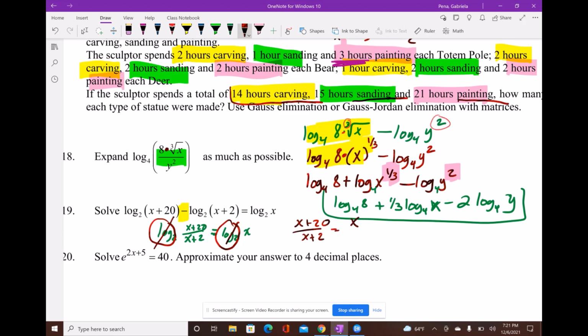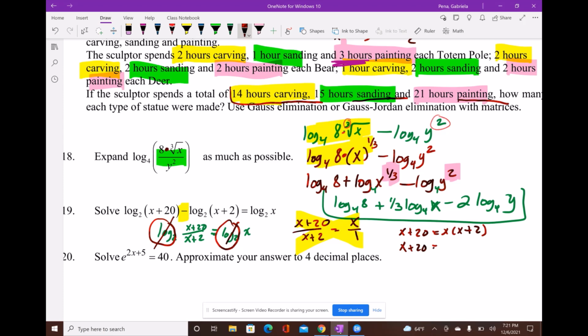Where do we put that x? Over 1. So we could cross multiply. So this becomes x plus 20 equals x times (x plus 2).